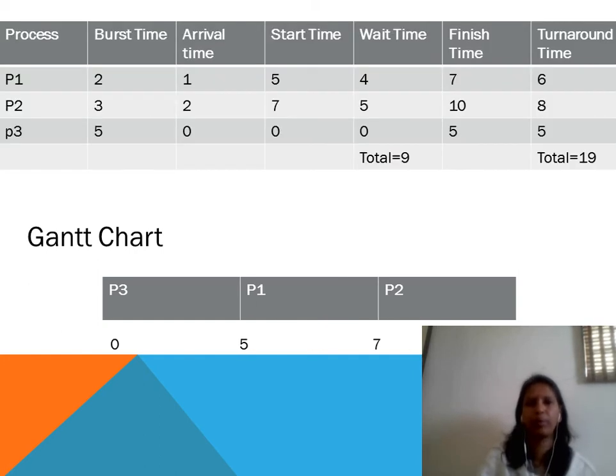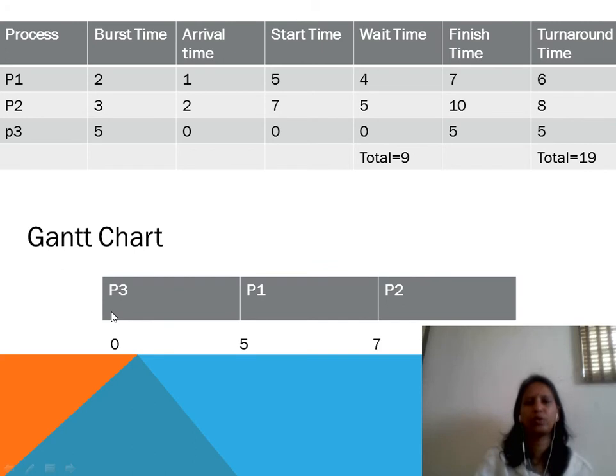Now after this we will calculate the wait time, the turnaround time, and their corresponding averages. For the 3 processes, with the corresponding burst time and arrival time mentioned in the table, as per the Gantt chart the P1 process will start at the 5th time unit, the P2 process will start at the 7th time unit, and the P3 process will start at the 0th time unit.